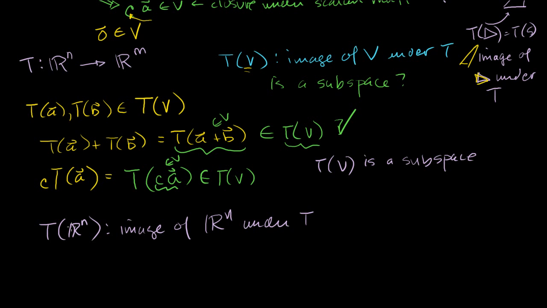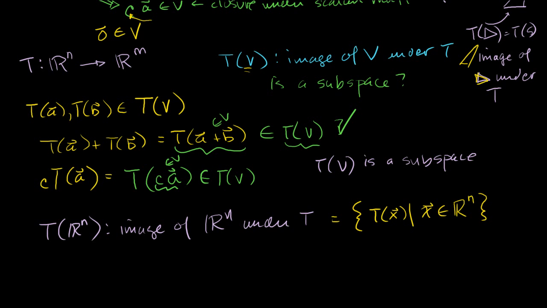What do we get when we take any member of Rn? This is equal to the set of the transformations of all of the x's where each x is a member of Rn. So you take each of the members of Rn and transform them, and you create this new set. This is the image of Rn under T.